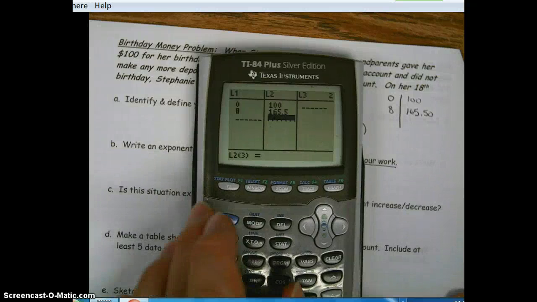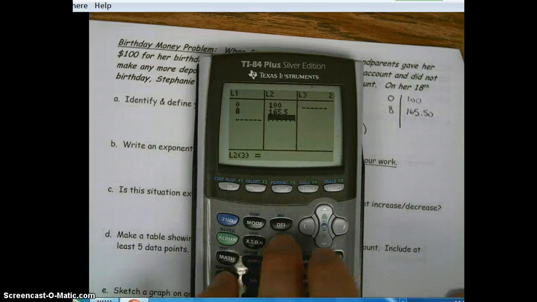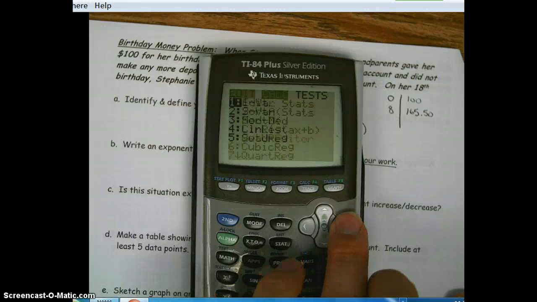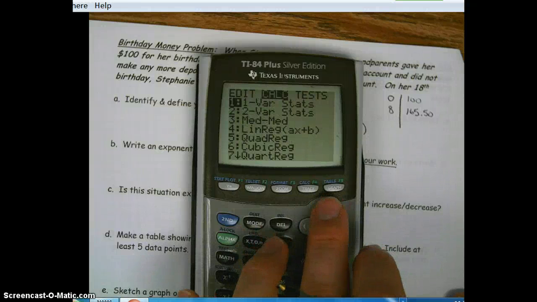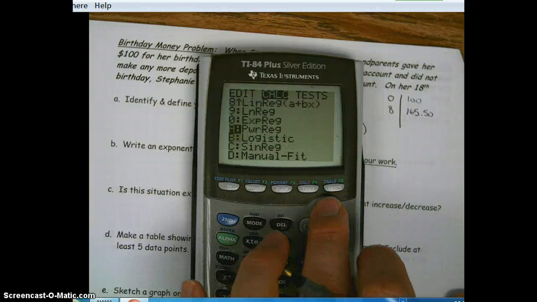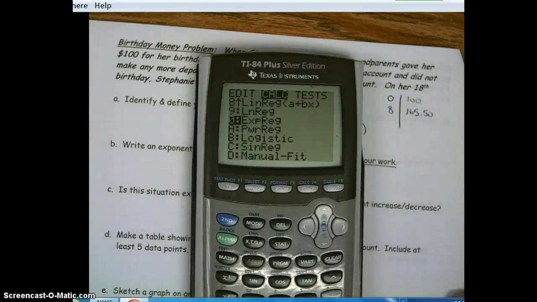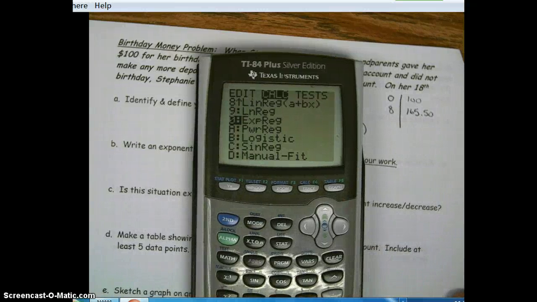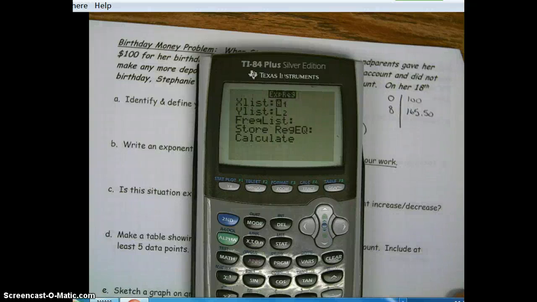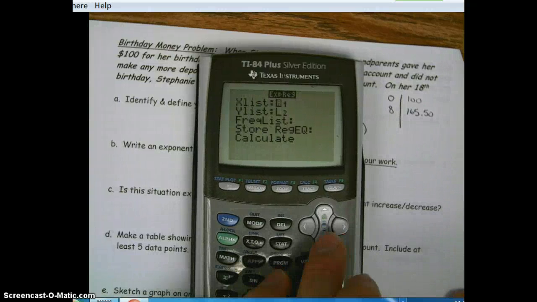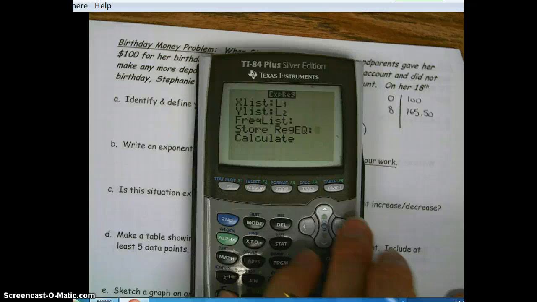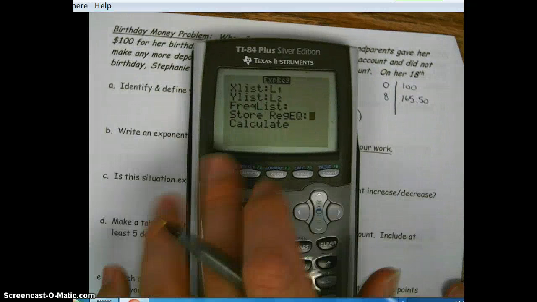Then we're going to go to stat, arrow over to calculate, and I'm going to go ahead and arrow up to 0. Exponential regression. Enter. Okay, I'm going to go ahead and go down here to store regression. I'm going to store it in y equals.